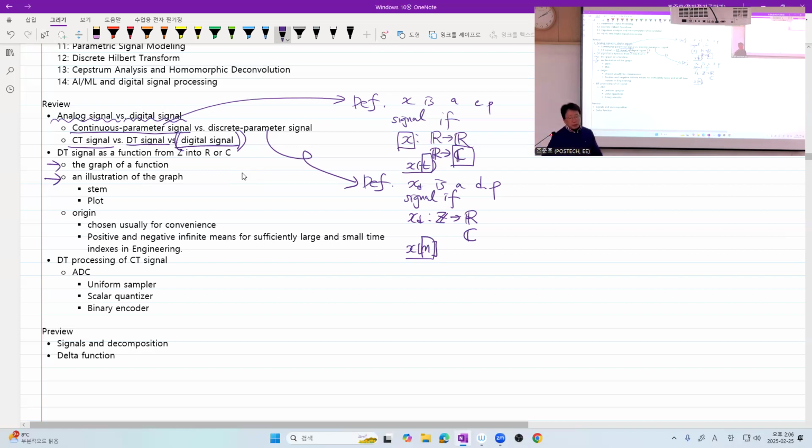So given a discrete time signal, the graph is a set of pairs n and x[n]. So it's simply the set of pairs.